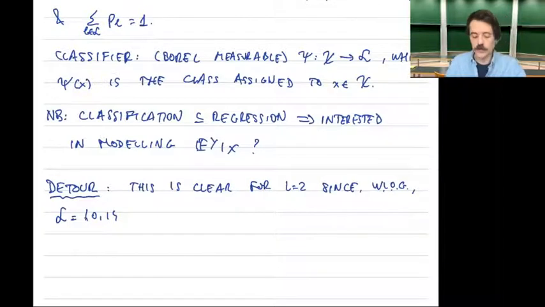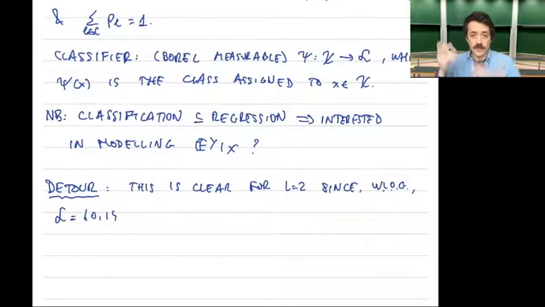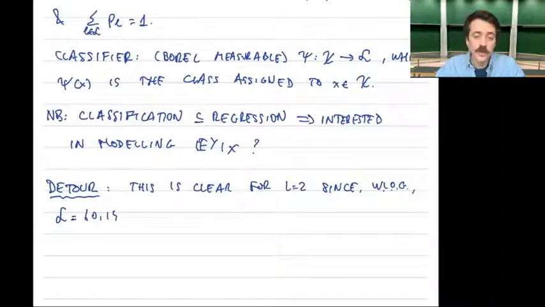It doesn't matter whether we call the classes 1 and 2 or 0 and 1, especially when we have two possible classes.